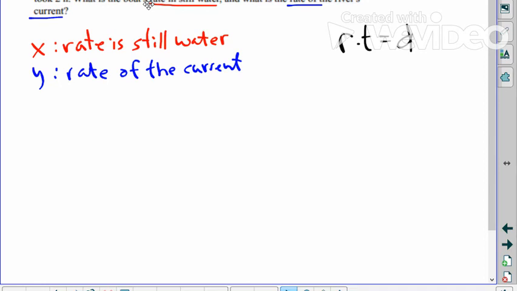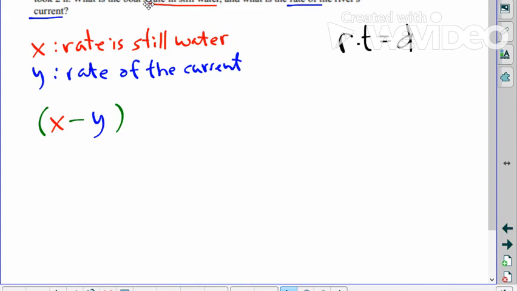So the one upriver, if they're traveling up the river, then the river is slowing us down. So our rate in that case is going to be the speed of the boat in still water, and we're going to subtract from that the rate of the current. Okay, hopefully the boat's speed in still water is faster than the current, otherwise we're not going anywhere.